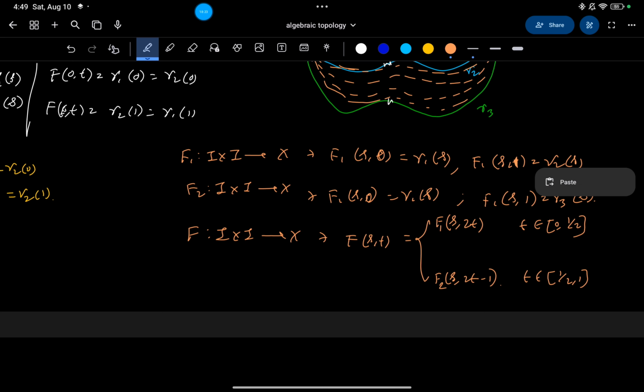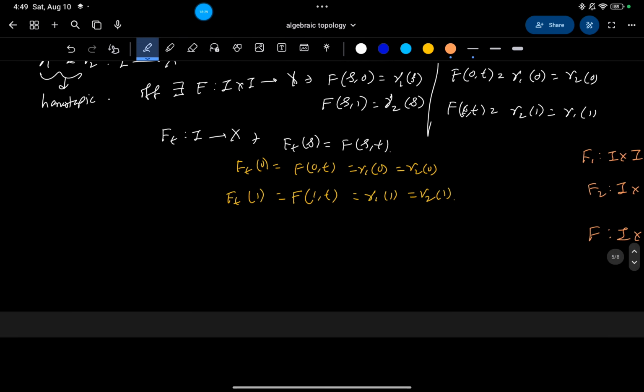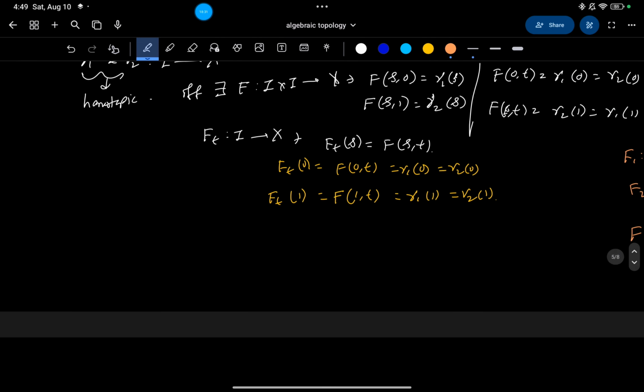In fact, the same motivation applies in the case of joining any two paths. Let's say you have a path gamma 1 and another path gamma 2.